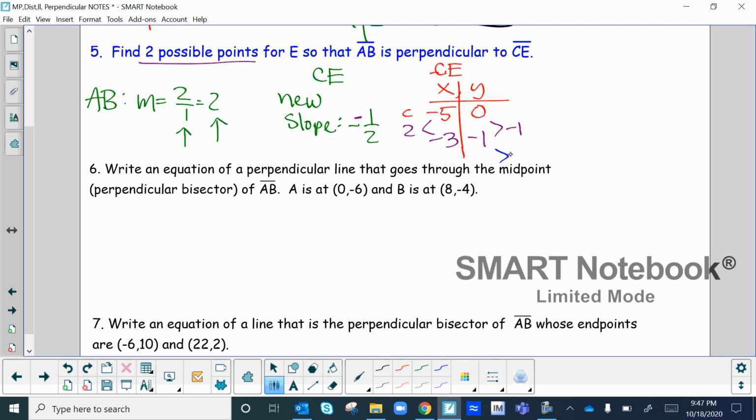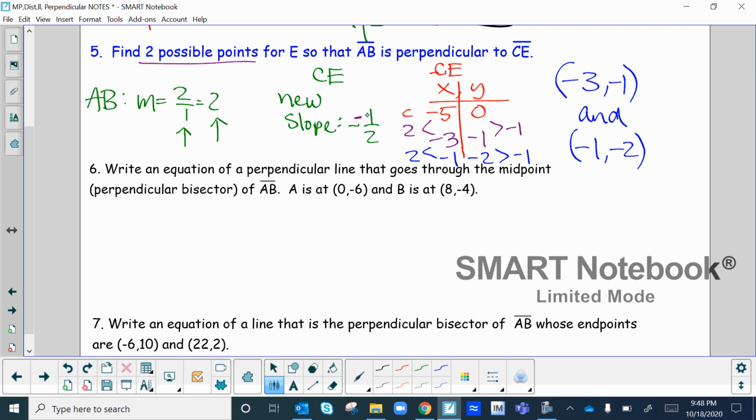So we're going to go again down 1, which will be -2. And then same thing here, we're going to go up 2, which that would be -1. So there's my next 2 points. Okay, it'll be -3, -1, and -1, -2.